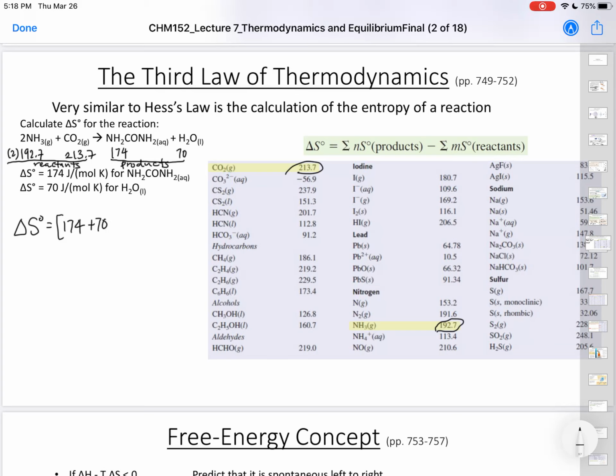So really for delta S, we're going to say the sum of the products minus the sum of the reactants. You should probably write just a little bit smaller.